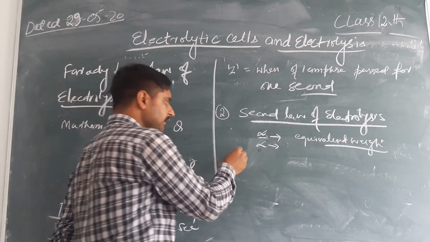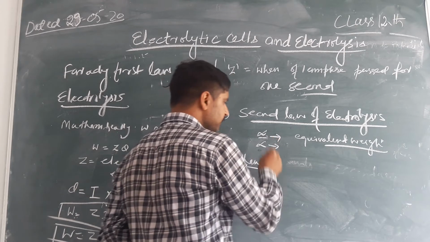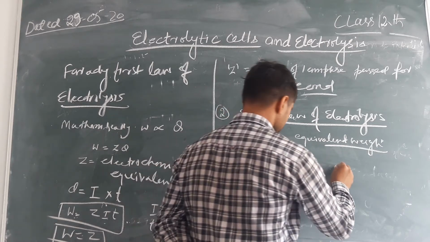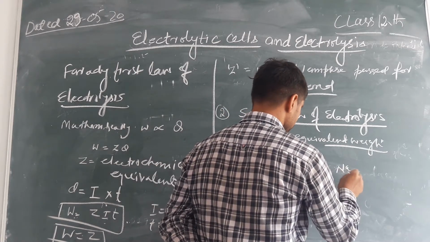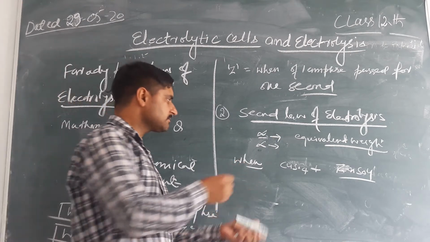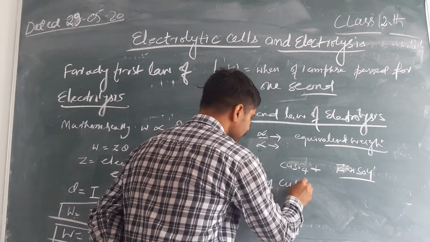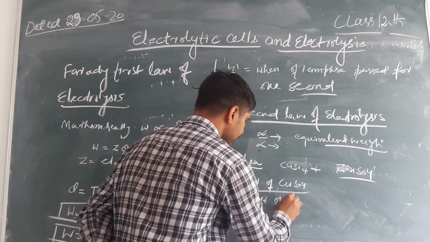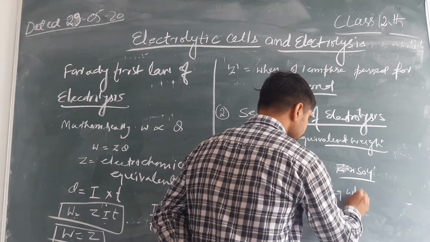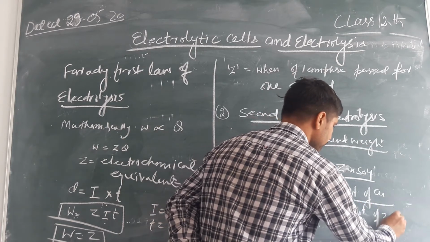Mathematically, when a current flows through copper sulfate and zinc sulfate solution, the weight of CuSO4 divided by the weight of ZnSO4 is equal to the equivalent weight of copper divided by the equivalent weight of zinc.